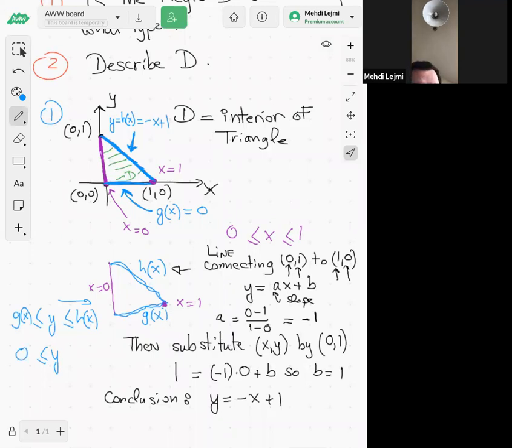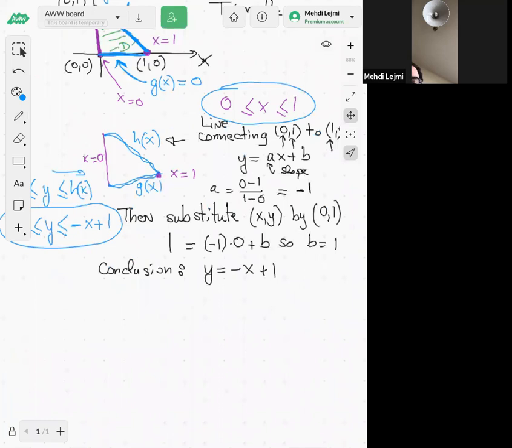And h of x is just this straight line here, minus x plus 1. So all I'm saying here, guys, is that my x would be between 0 and 1, and my y is between 0 and minus x plus 1. So this is a type 1 region.